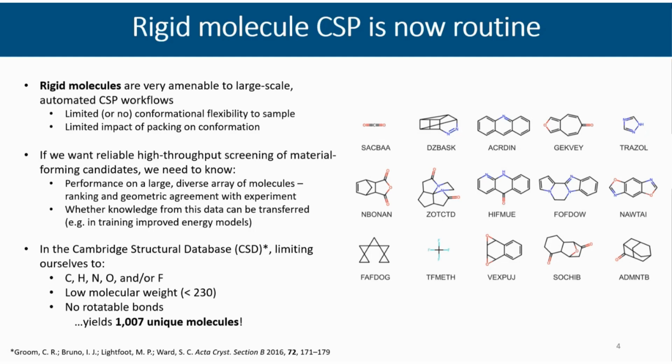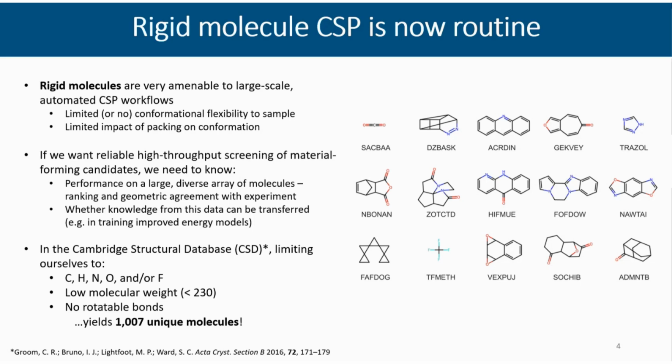And this is helpful because if we want to be able to perform high throughput screening of materials candidates, or candidate molecules for forming materials, then we need to know the performance of our CSP methods on a large and diverse array of molecules, because we want to know that we can explore chemical space and crystal packing space with it in general.